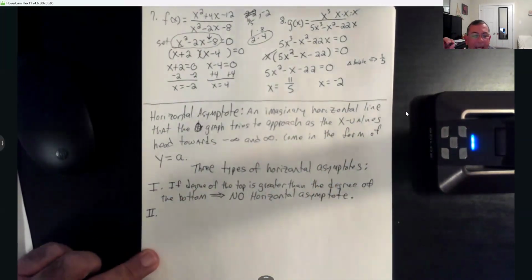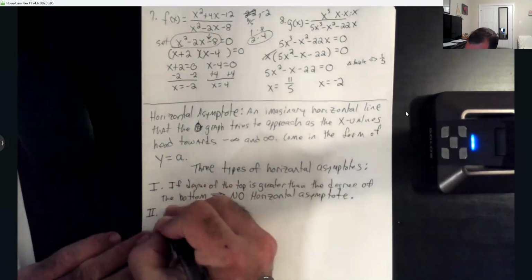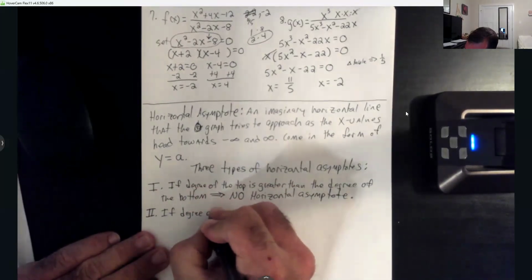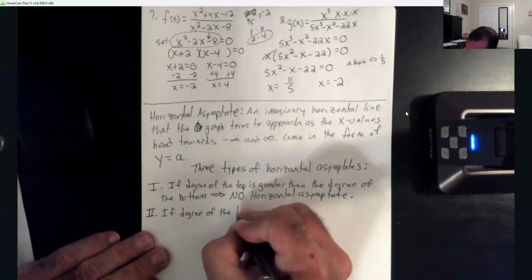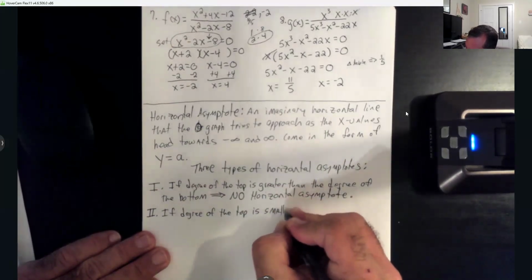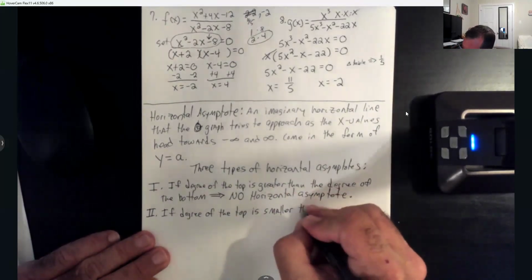The second case is if the degree of the top is smaller than the degree of the bottom.